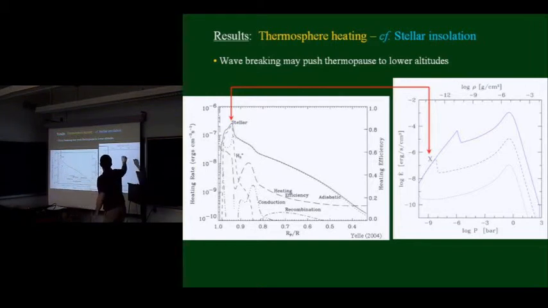I find that from the dissipation of the gravity waves, here again altitude versus the dissipation rate per unit volume, once the waves saturate at this altitude, which Yelle claims is the base of the thermosphere where the UV heating is strongest, you get a comparable energy deposition rate per unit volume.